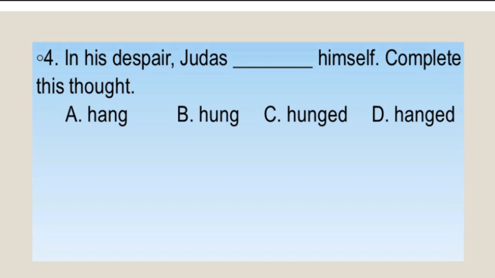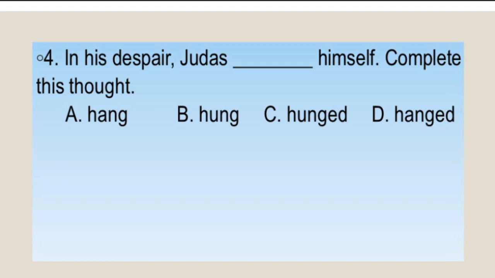If it is regular, we inflect it to the past tense with ed. So we say hanged. Then the past participle, still with ed, hanged. If it is irregular, then we inflect it to hung and hung. But there you see Judas.